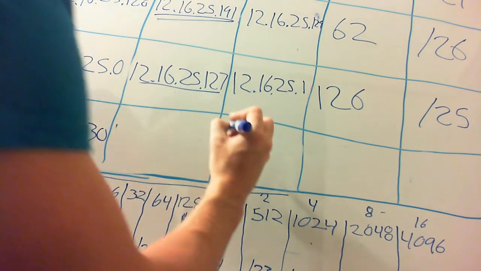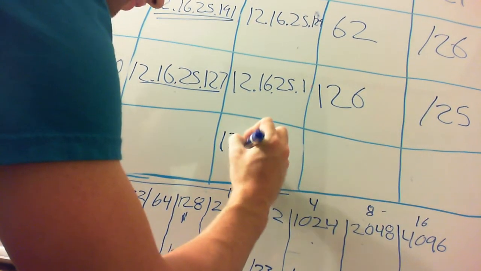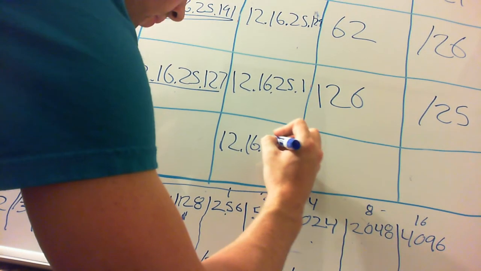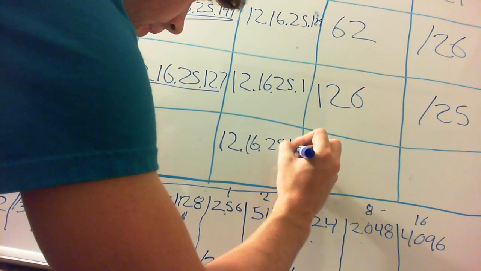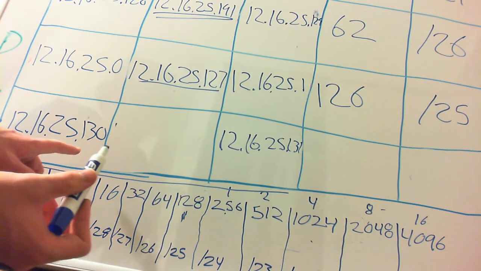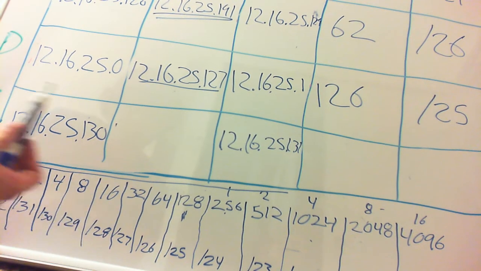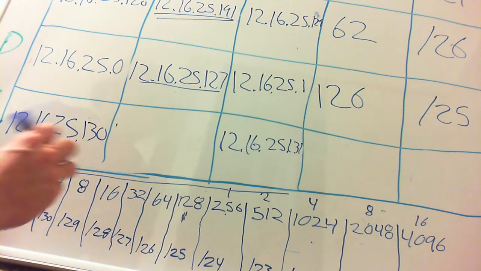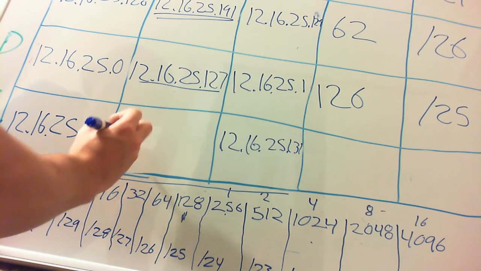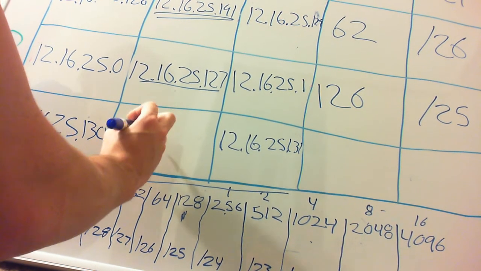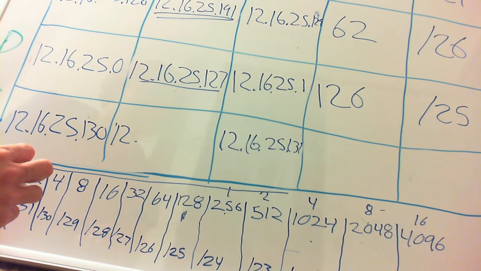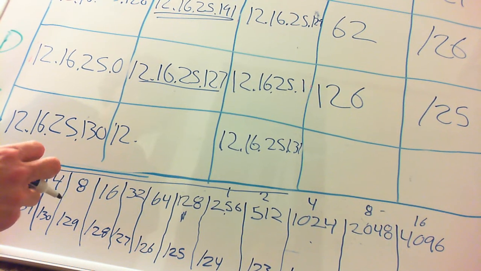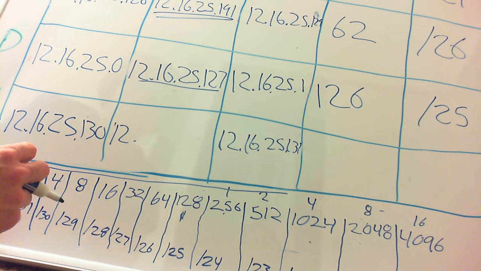Router address is always one more, 12.16.25.131. So we're right here, it looks like 16 plus that makes it, or 15, so it would be 12 dot. It's 191. You got 130 and it plus is 191.